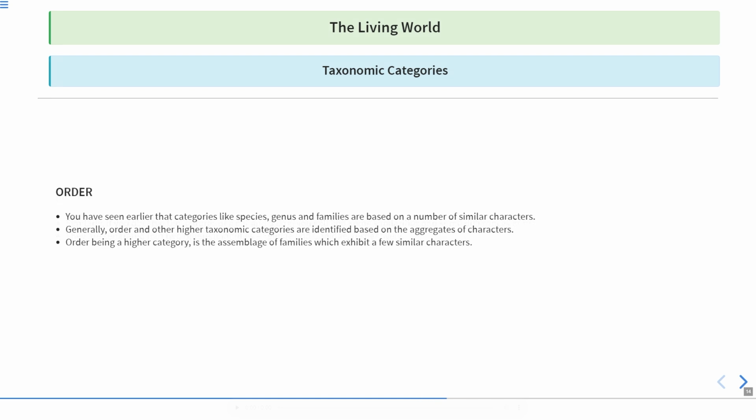Order. Now, you have seen earlier that categories like species, genus, and family are based on their number of similar characters. Generally, the order or the other higher taxonomic categories are identified based on the aggregates of characters.